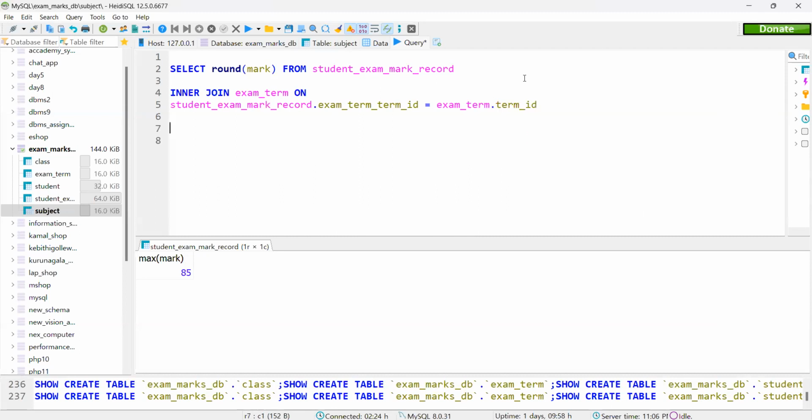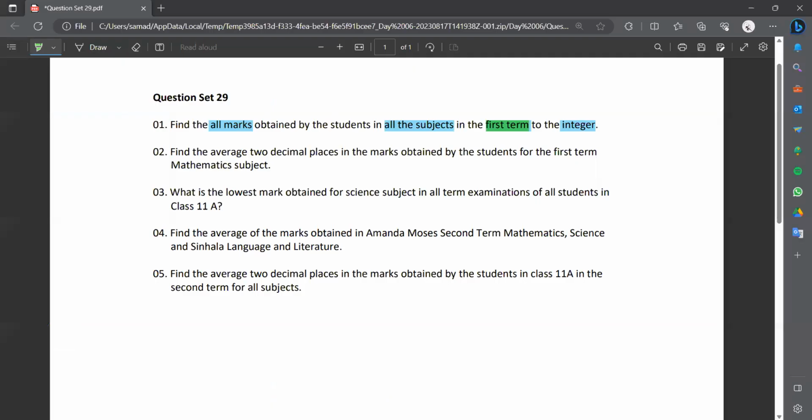Then we say where term name as our question, first term.